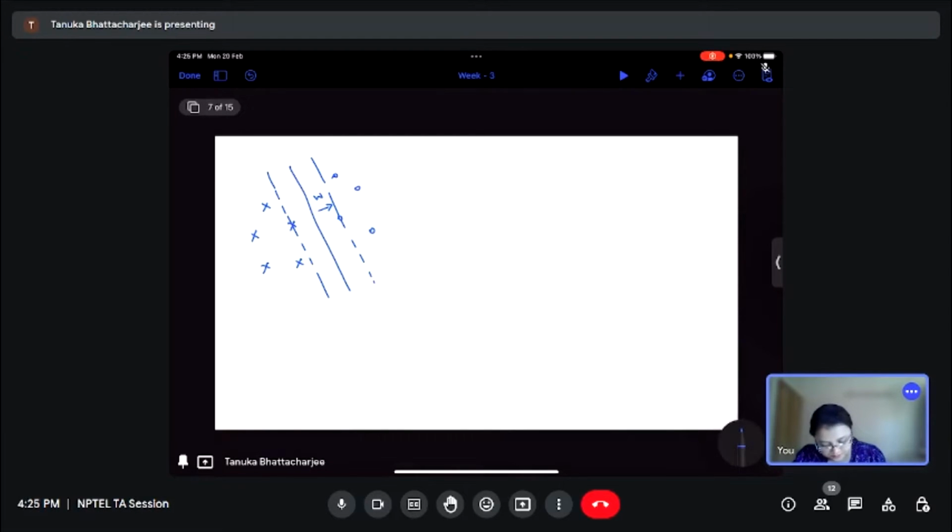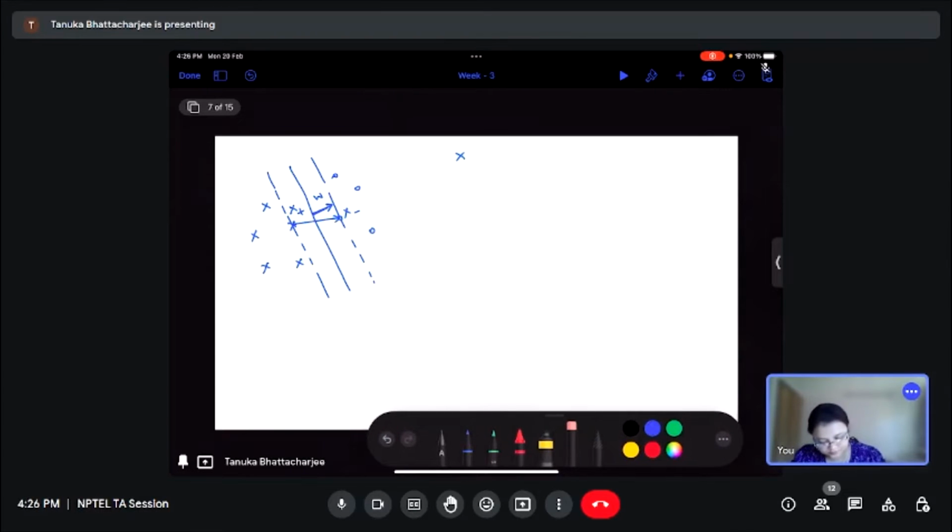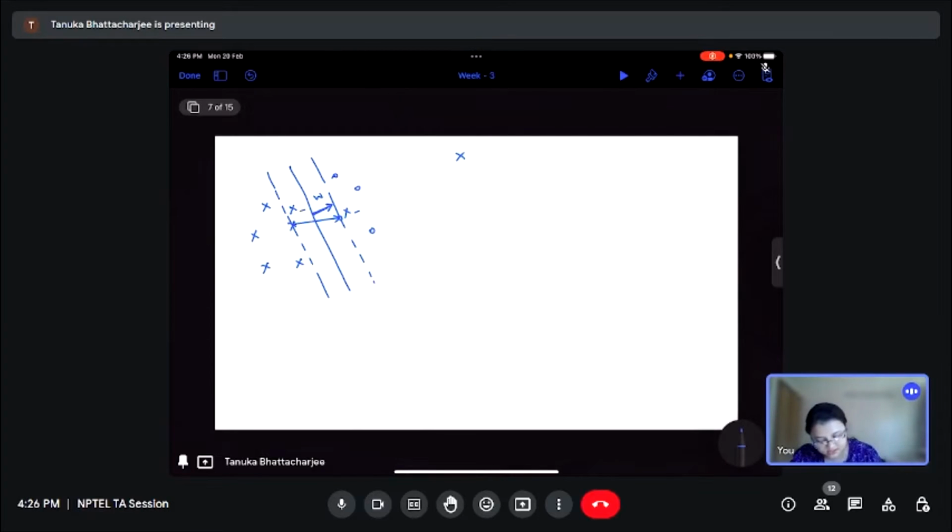Now let's say I call the left side point x minus and this point x plus. I want the vector from x minus to x plus, which is given by x plus minus x minus.